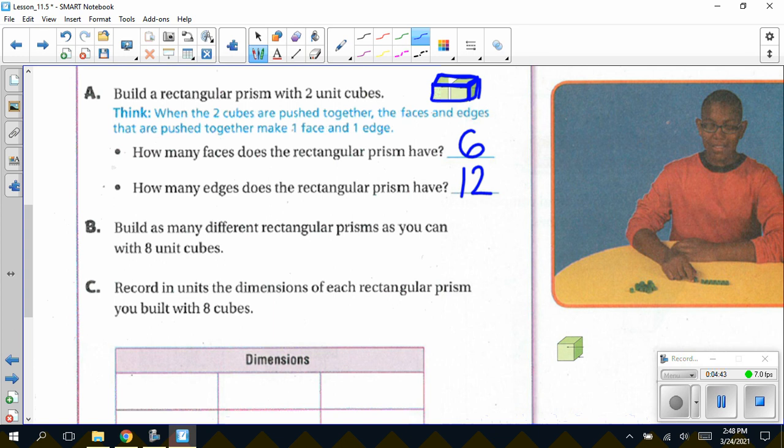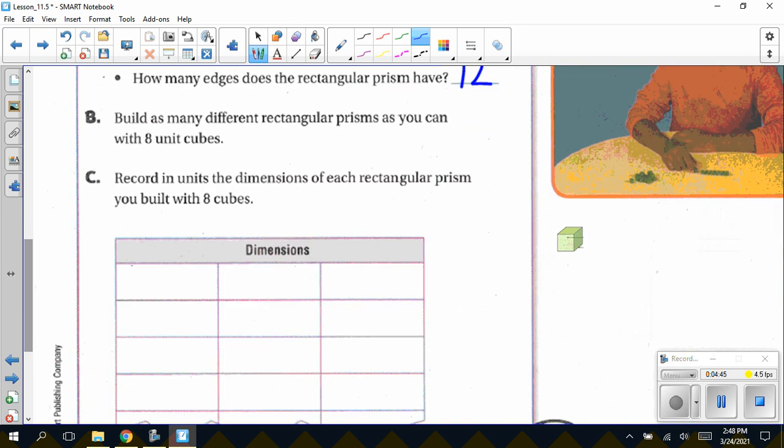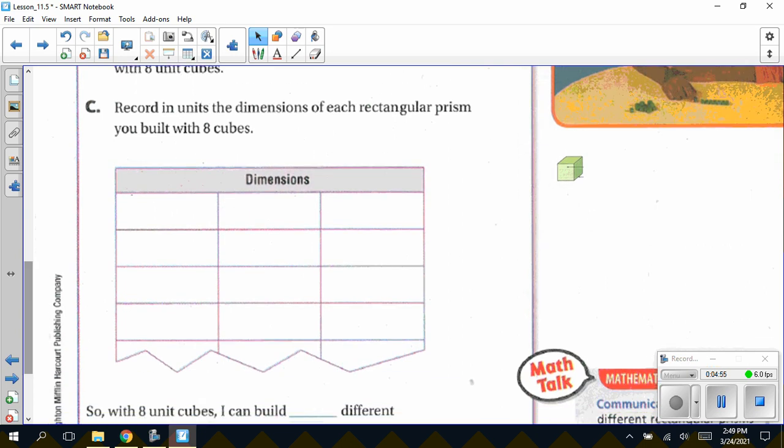So now for B, they want us to build as many different rectangular prisms that we can with 8 of those unit cubes. So if I want to have a rectangular prism that just has my 8 cubes that are stacked beside each other.